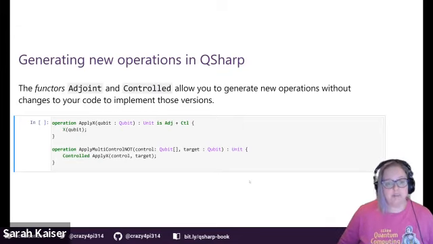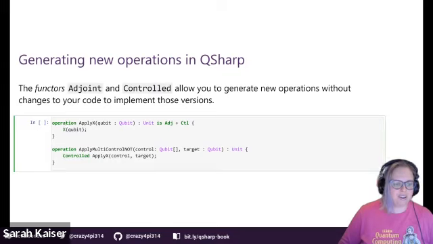Now this is pretty helpful because here we're going to just make an operation that applies X. I know that it's very trivial. I don't need to technically define a new operation to do that.